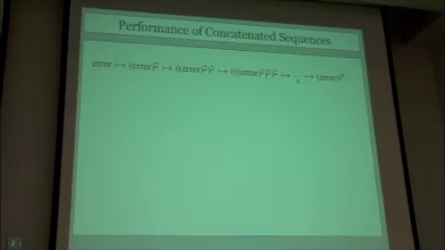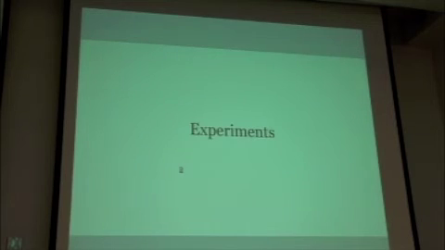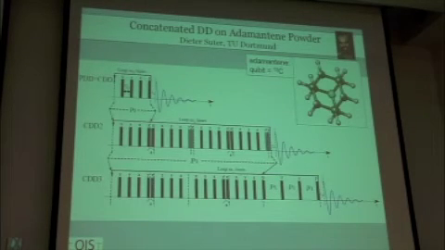All right, so here's the sequence. Here's the error scaling, the theoretical error scaling, and here's the first experiment. The first experiment is an NMR experiment done by Lidar on a single qubit. The molecule is adamantane. This is the molecule. The green bulbs are carbon atoms. The white ones are hydrogens.